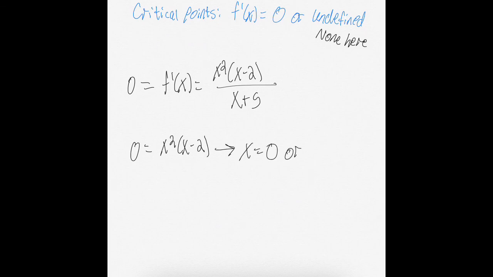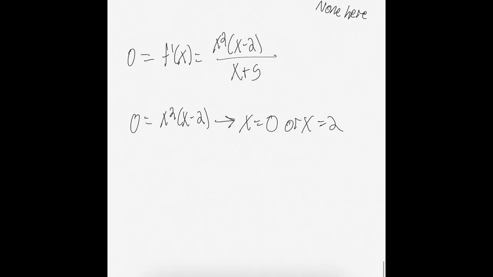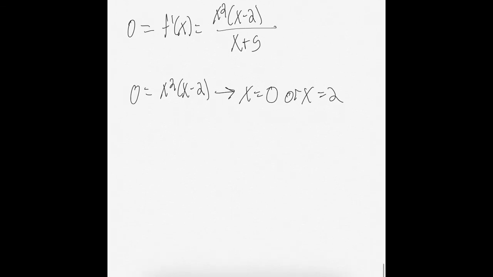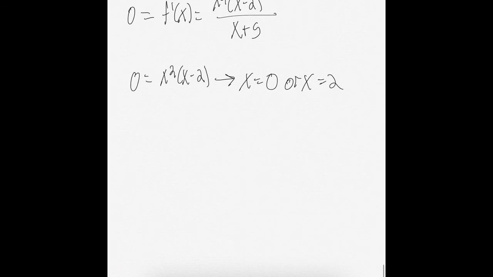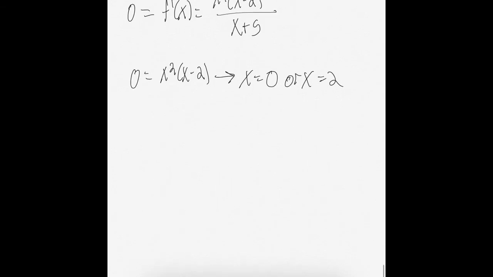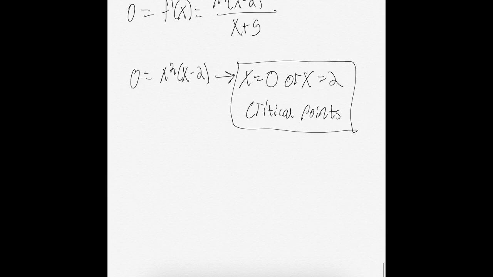And this is the same as saying 0 equals x squared times x minus 2, which means that x equals 0 or x equals 2. So these give us the x values for our critical points. So these are our critical points.